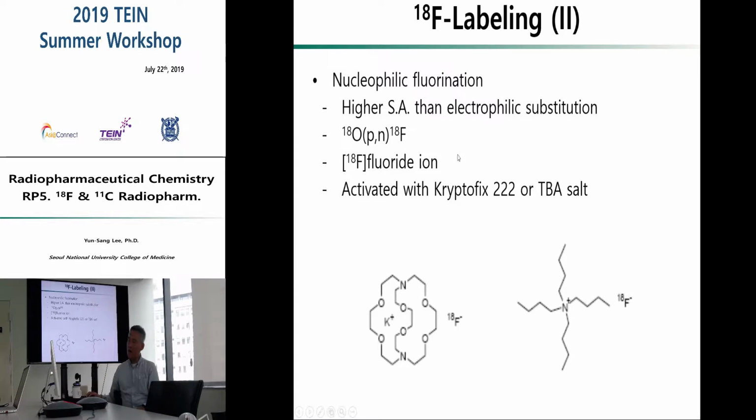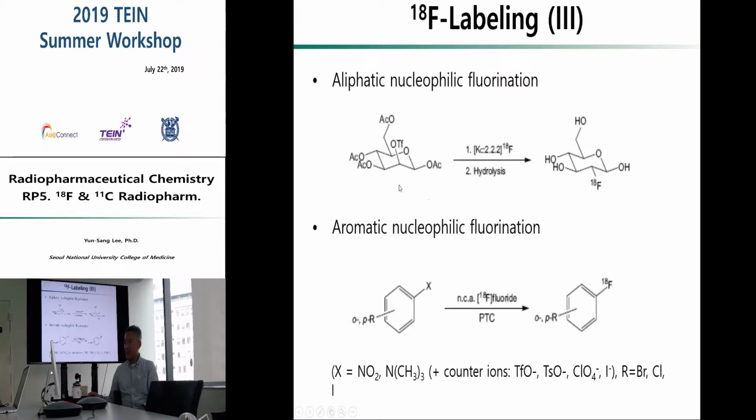After development of the phase transfer catalyst, we can use fluoride ion as a nucleophile. Here you can see the F18 FDG production method with Kryptofix 222. And sometimes aromatic nucleophilic fluorination can be done with this nitro or trimethylammonium salt.